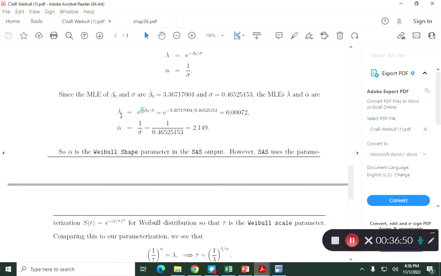here's the hazard function. Let's just say that here I add a beta 1 times x1. If beta 1 is positive, it means it's good for life. And if it's good for life, it's bad for hazard.